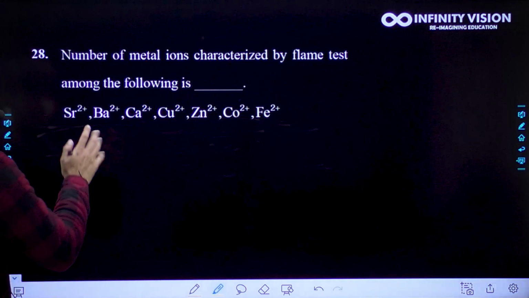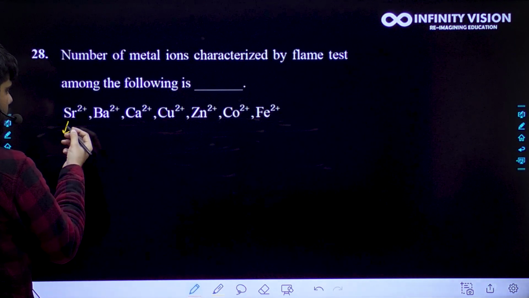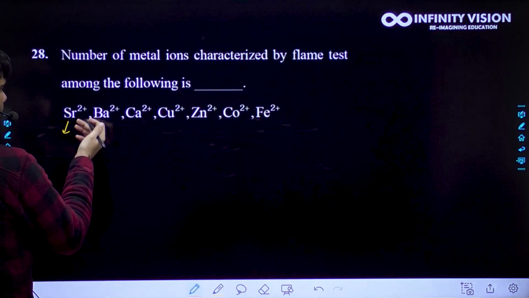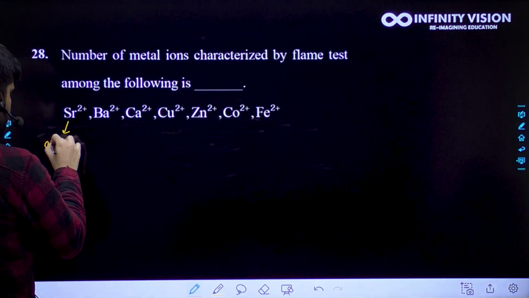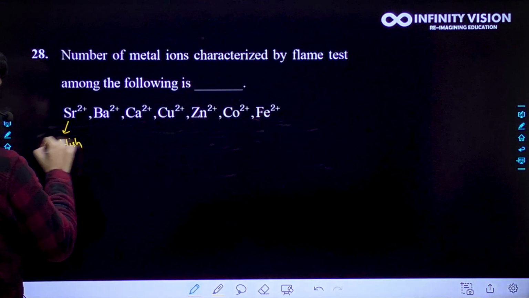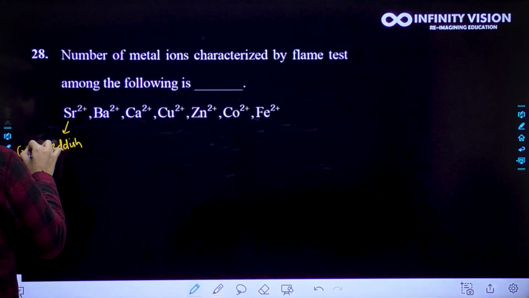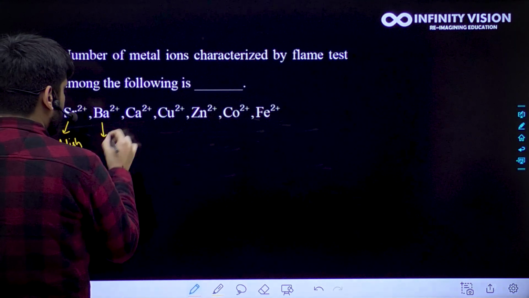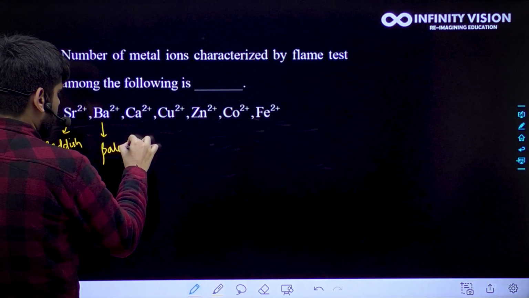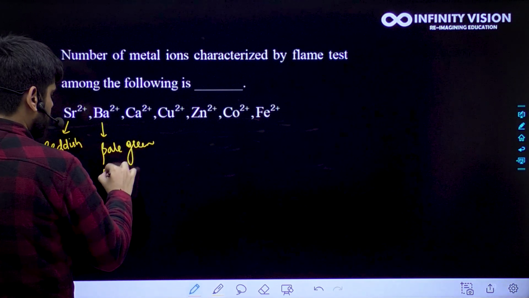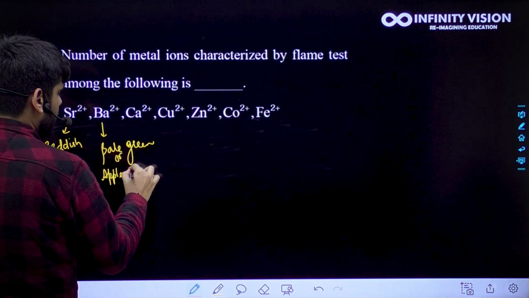There it is mentioned that strontium ions have the crimson red color. Barium, pale green, or we can say apple green.